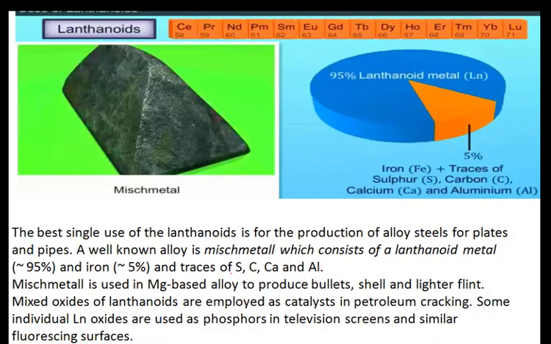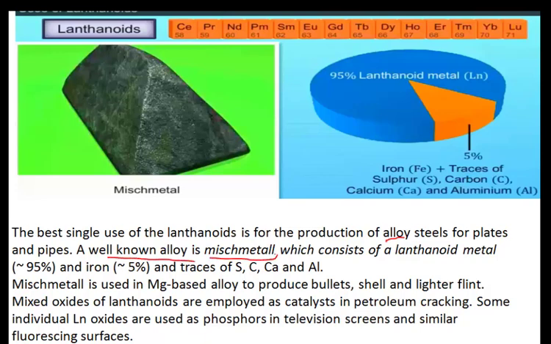Now the uses of lanthanoids. Lanthanoids are generally used in the production of alloys, alloy steels for plates and pipes. Then a very well known alloy is misch metal.